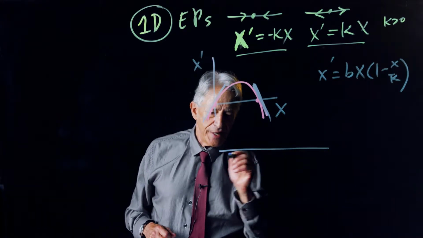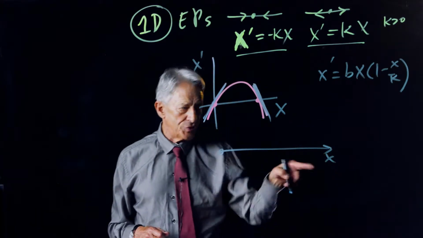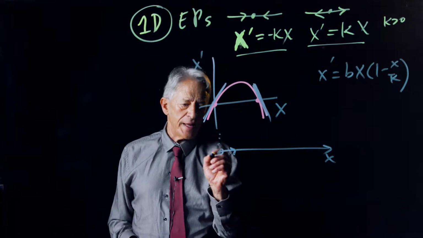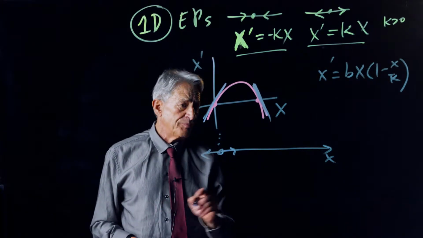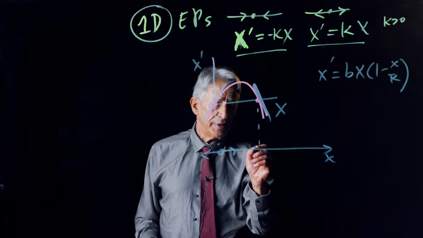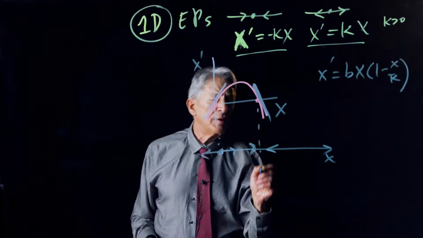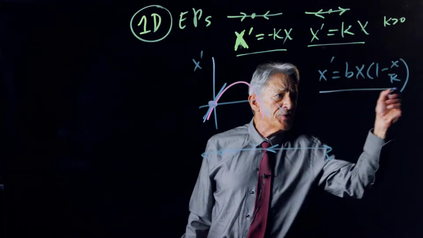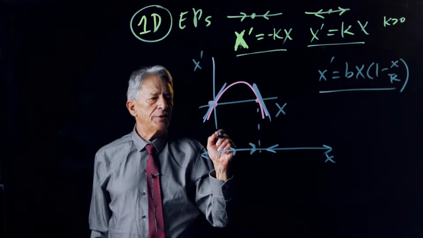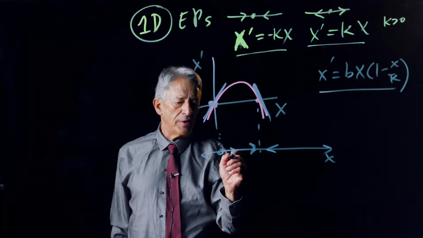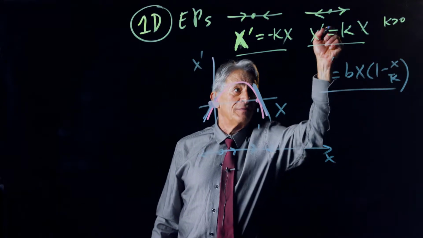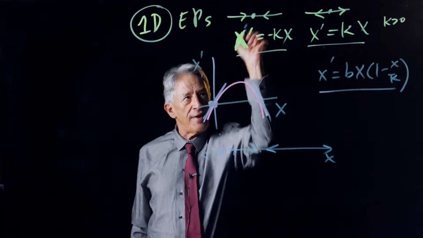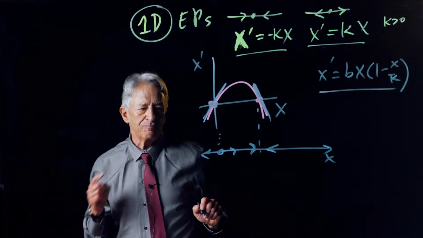If we draw state space now here, which is x space, then this equilibrium point is an unstable equilibrium point, and this equilibrium point is a stable equilibrium point. In other words, near this equilibrium point, this nonlinear system, notice the x squared, acts like this linear differential equation, and near this equilibrium point, it acts like that linear differential equation.